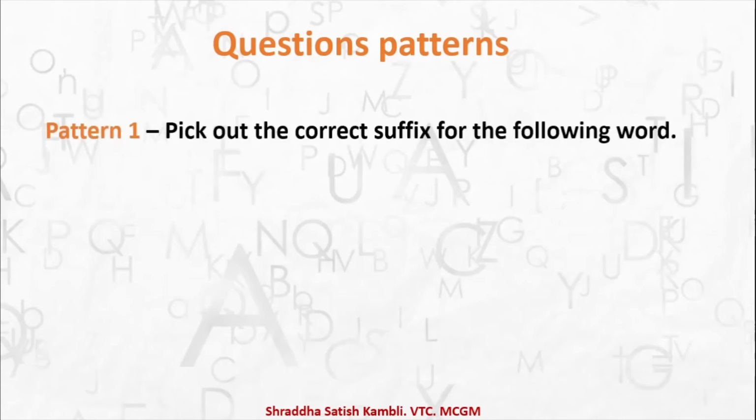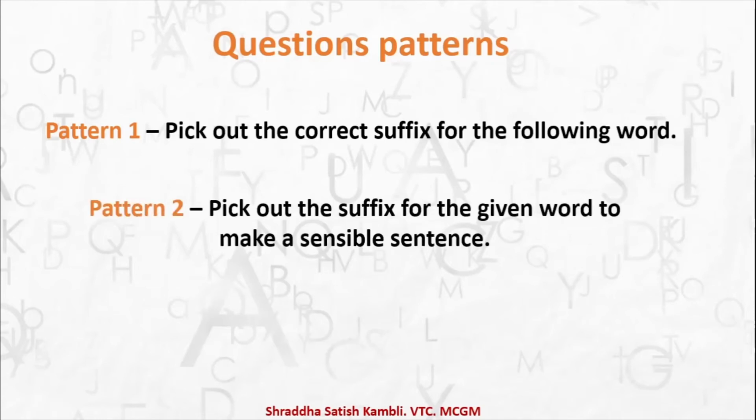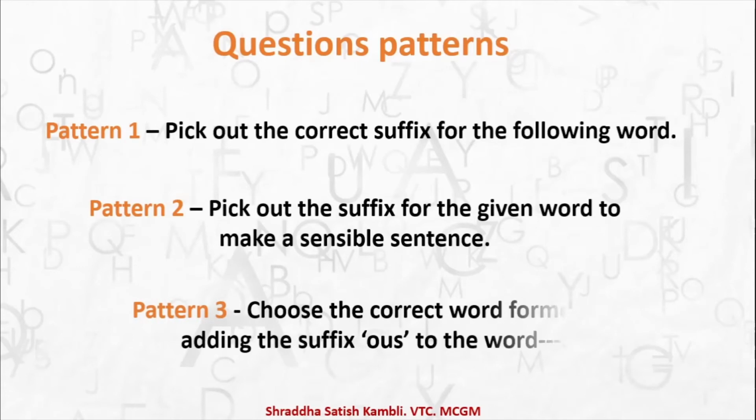So you can have pattern 1 where they will ask you to pick out the correct suffix for the following word. You could have pattern 2 where they will ask you to pick out the suffix for the given word to make a sensible sentence. And in the third example, they will ask you to choose or pick out the correct word formed by adding a suffix to the word.